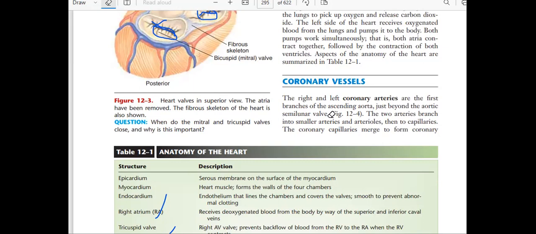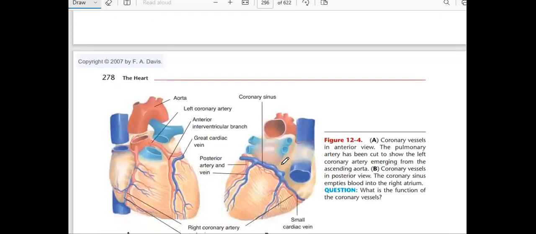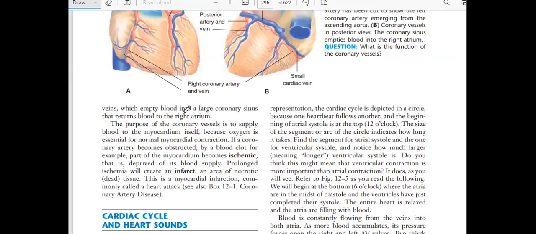Coronary vessels means vessels of the heart, important arteries. The right and left coronary arteries are the first branches of the ascending aorta just beyond the aortic semilunar valve. The two arteries branch into small arteries and arterioles into capillaries. The coronary capillaries merge to form coronary veins, which empty blood into the large coronary sinus, which then returns blood into the right atrium.